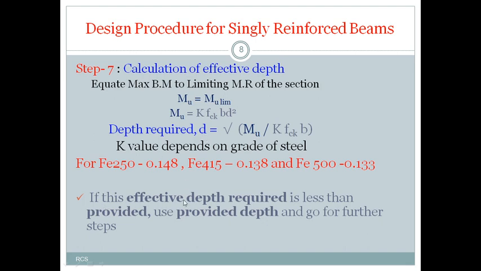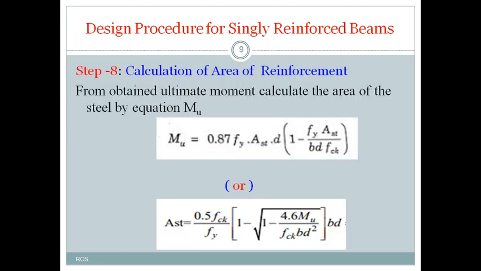If the effective depth required is less than the provided, use the provided depth and go for further steps. If not, we start designing our member according to the minimum depth we got. Now step number 8, calculation of area of reinforcement.